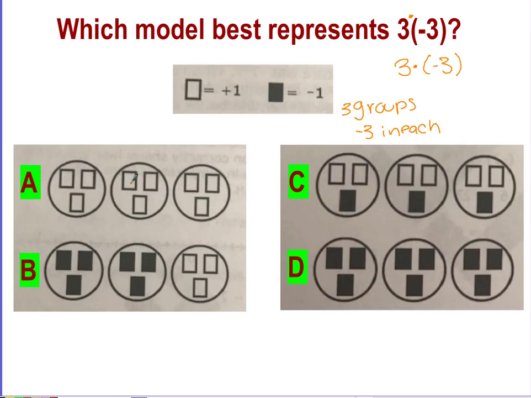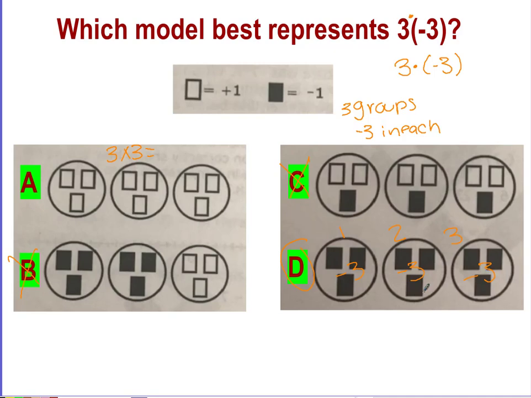These are all positive, so this is 3 times positive 3. This is not even a multiplication representation, so it cannot be B. It cannot be C. So I can clearly see that my answer is D. 3 groups of negative 3 in each.